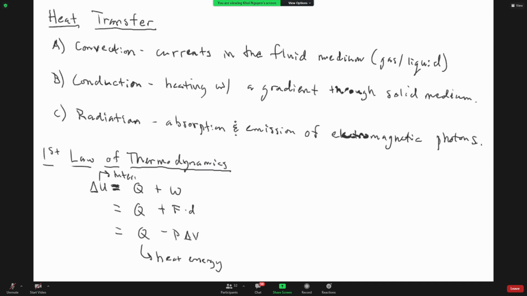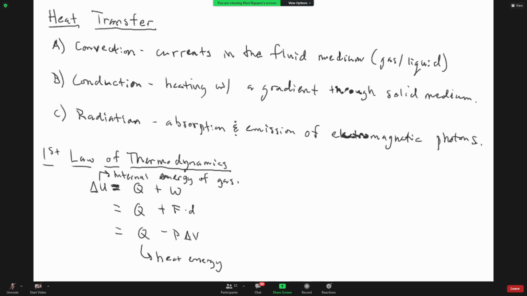U is just the total energy of the surrounding environment or the surrounding gases in the system.